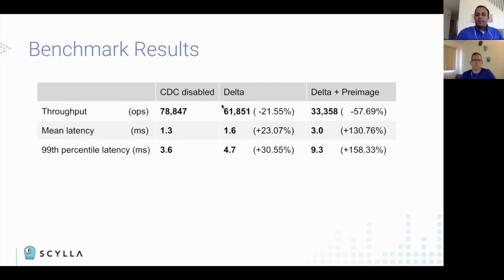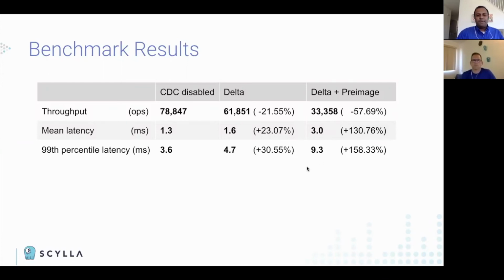When you enable Delta, you get about a 21% decrease in the throughput. When you enable Delta as well as pre-image, you get about a 58% decrease in throughput, and the latencies increase by 23% and 130% when you enable Delta plus pre-image.